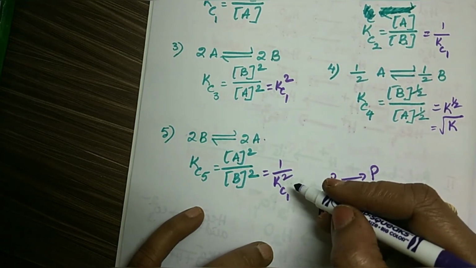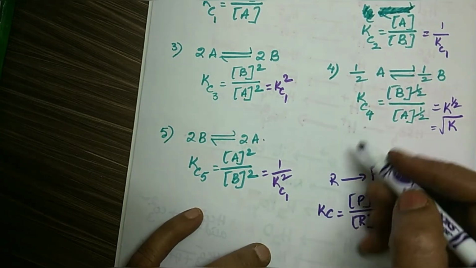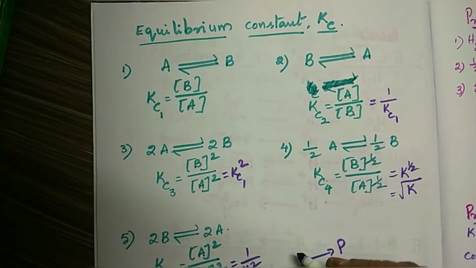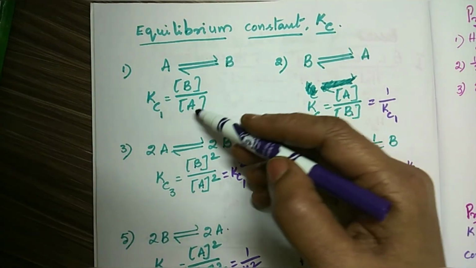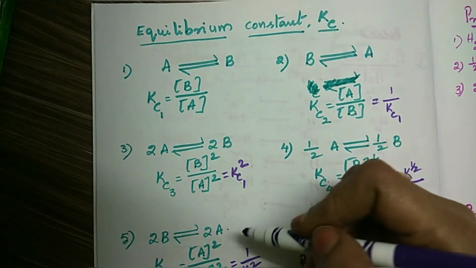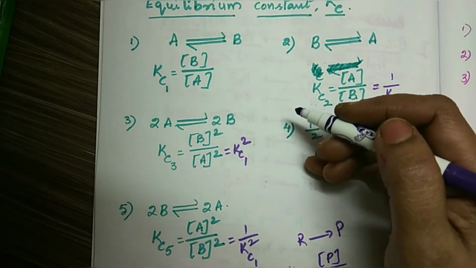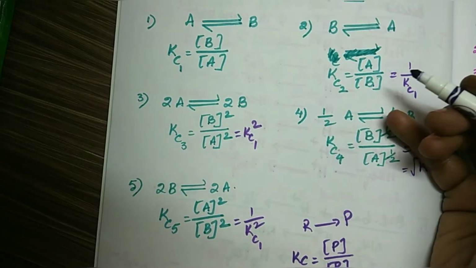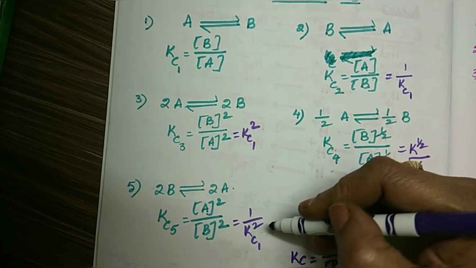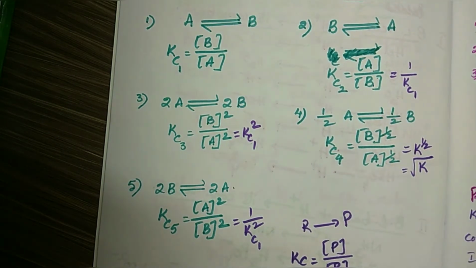This is how we will calculate without knowing the concentrations. If we know the equilibrium constant for the first reaction, we can calculate for the reverse reactions, and if we increase the concentration to double or decrease the concentration to half, we can calculate Kc values easily.